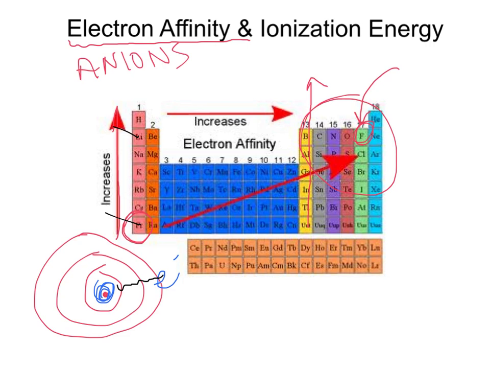If we look at lithium, it only has how many? 1, 2. It only has 2, so we'll draw it over in this corner. So we've got a nucleus, and then we have 2 energy levels, and it only has 1 electron in that outer energy level. As you can see, only 1, because it's in column 1 here.